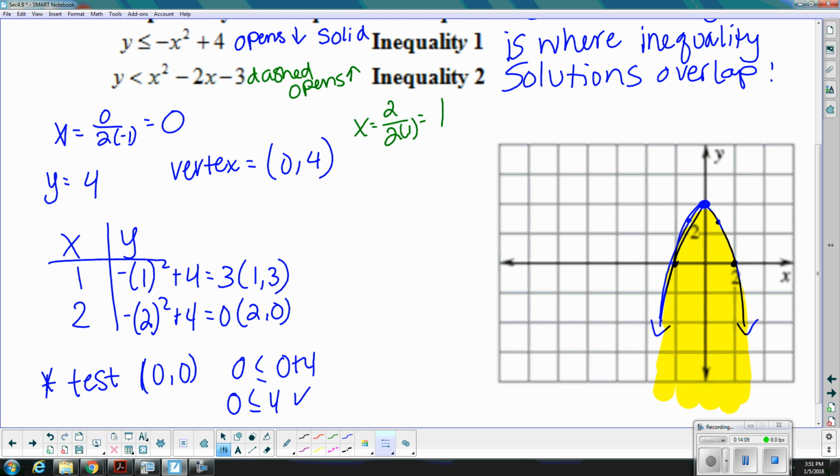And then I'm going to substitute 1 in for my x value. So that's 1 squared minus 2 times 1 minus 3. So that's 1 minus 2 minus 3, which is negative 4. So my vertex for this one is 1, negative 4. So I can go ahead and plot that, 1, negative 4.